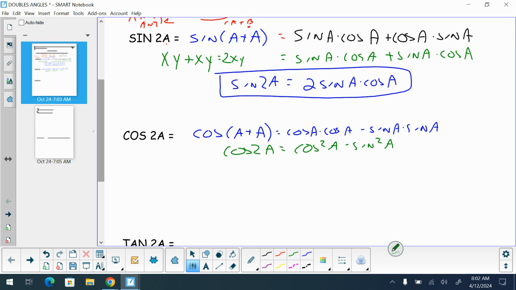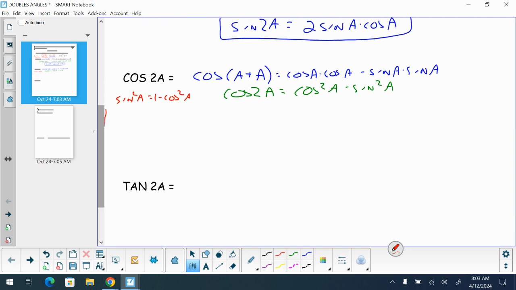Okay, you have two offshoots of this. Because what we learned is that sine squared is equal to 1 minus cosine squared, or cosine squared A is equal to 1 minus sine squared of A. It's what we dealt with in the last section.